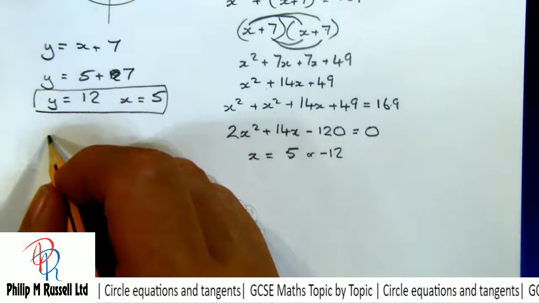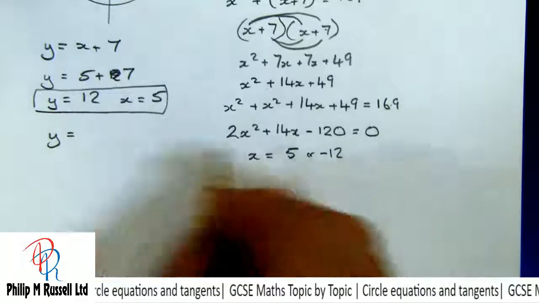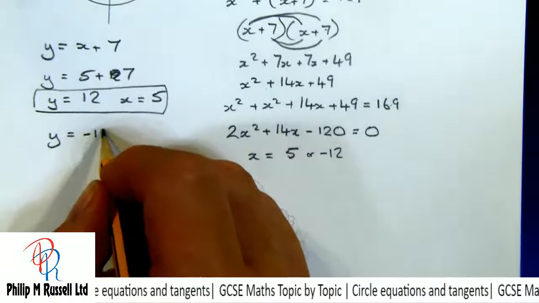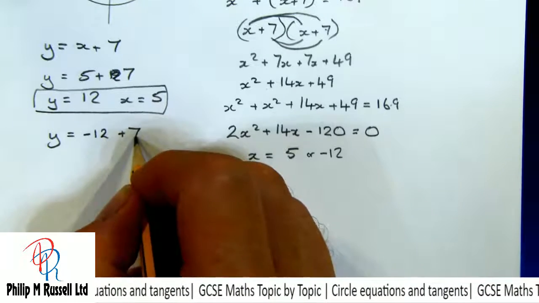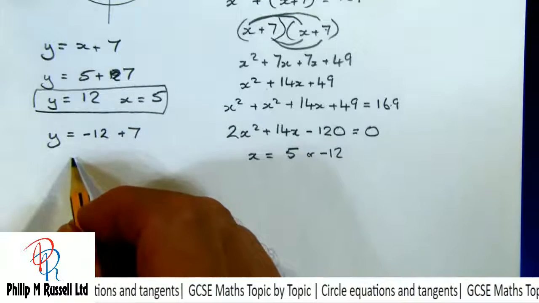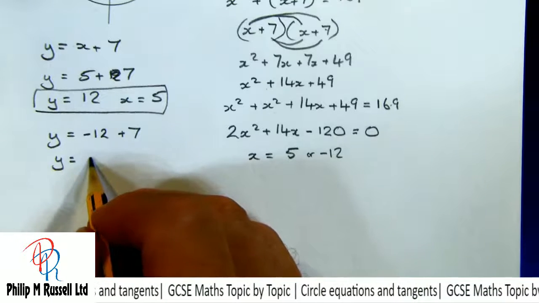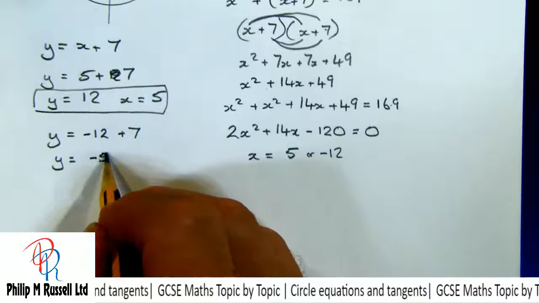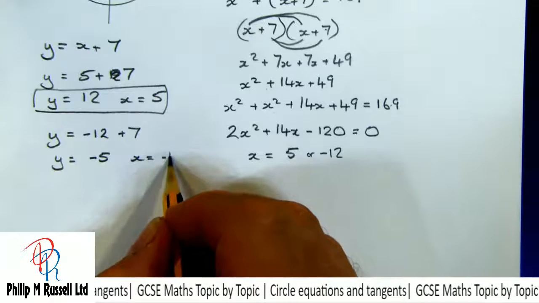The other solution is y equals minus 12 plus 7, and that's going to give me y equaling minus 5 when x equals minus 12.